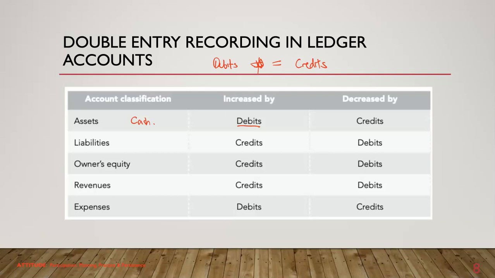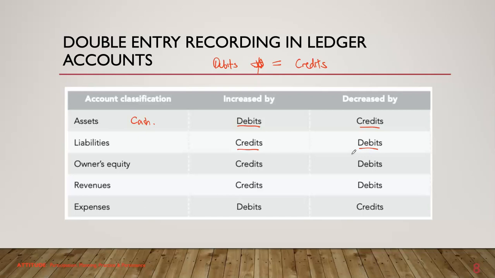But if I had a transaction where my cash went down, I would record on the right-hand side because it's decreased. Now, when I say increases are not always debits, if we look at our liabilities, you can see that these are increased when we write a credit. So you can see that you're going to have to just memorize it to work through it.